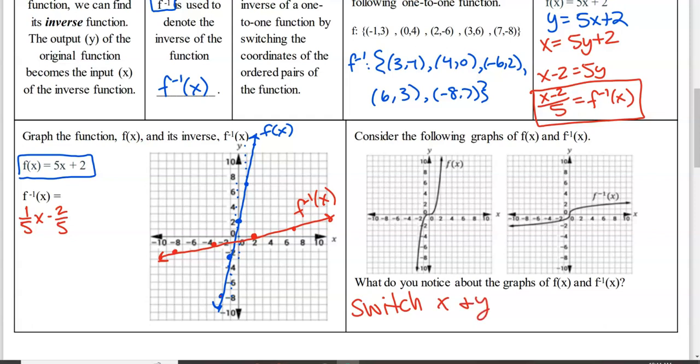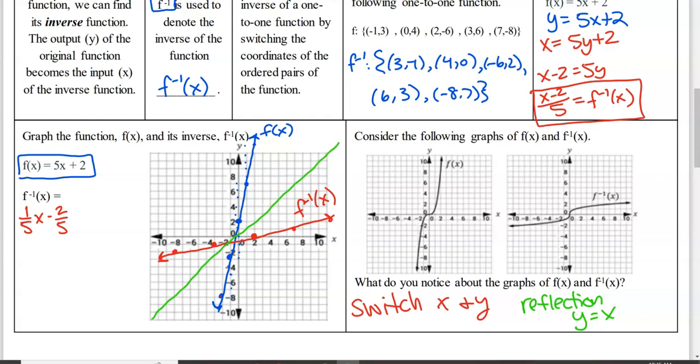It's rotating? Kind of. You're on the right track. There is a symmetry going on. There's a reflection happening over y equals x, which is the diagonal.